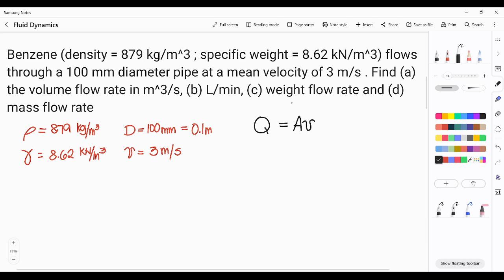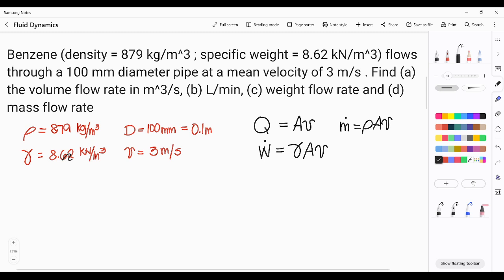We must also know the formula for the weight flow rate, which is W-dot, indicating per unit time, equal to gamma, the specific weight, times area times the velocity. And we also need the mass flow rate, which is simply rho AV. These three formulas will be very useful for this problem.